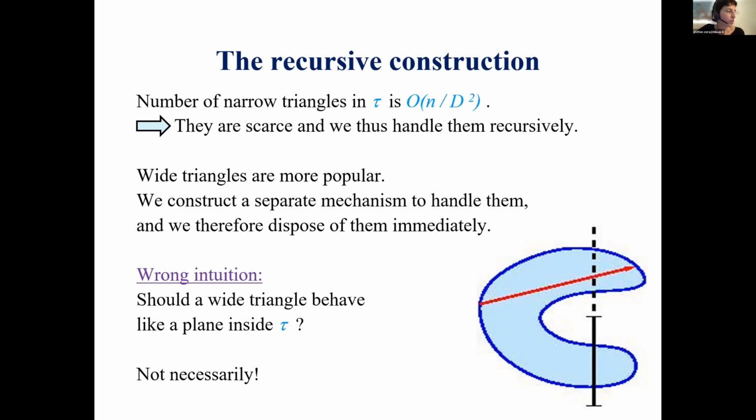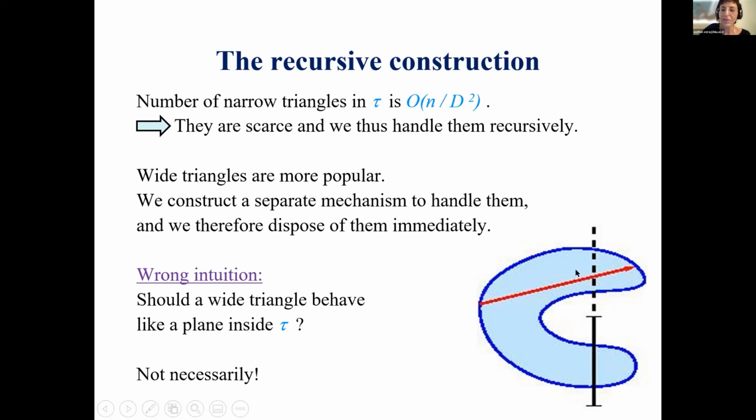That was one of the main technical ingredients of this work, which I'm not going to show in detail, but just give you some intuition why it is not very trivial. A wrong intuition is that one may think that we can replace wide triangles with the planes containing them. This is wrong. Why is that? Because of this picture, which is a two-dimensional cross-section of this situation.